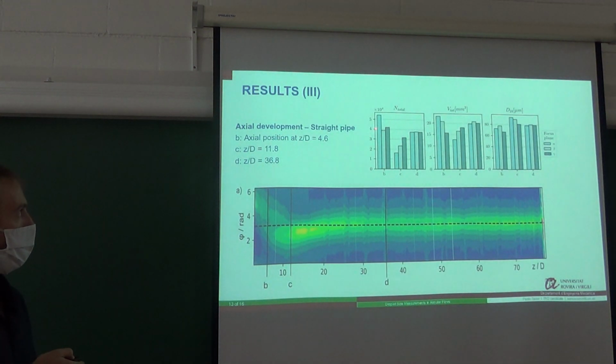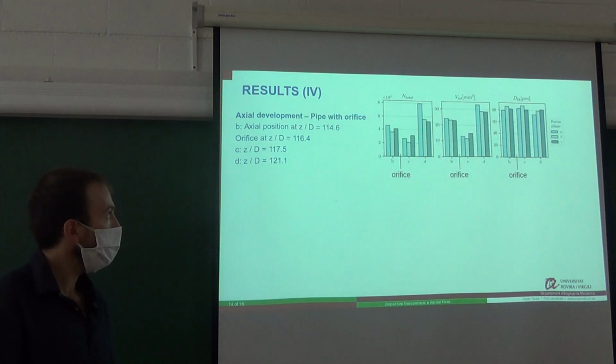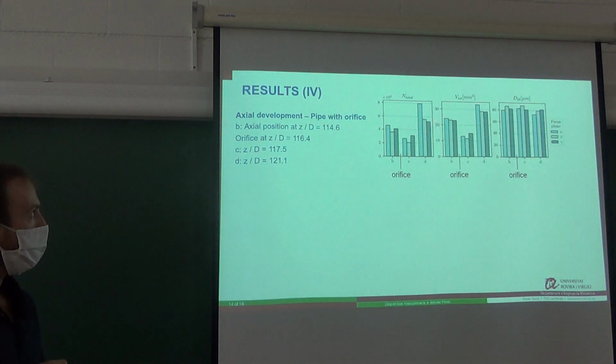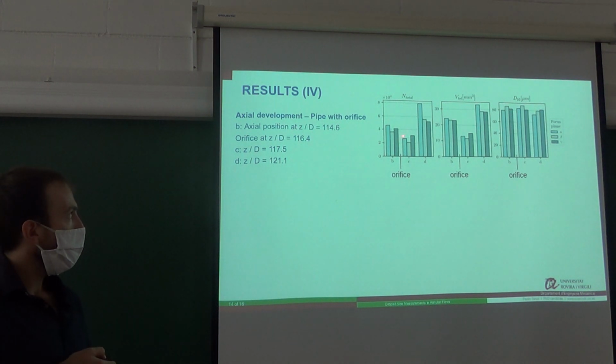Even very close to 80 micrometers in mean diameter, which is very close here, here, here, and here, position B. Then we see a big reduction at C.